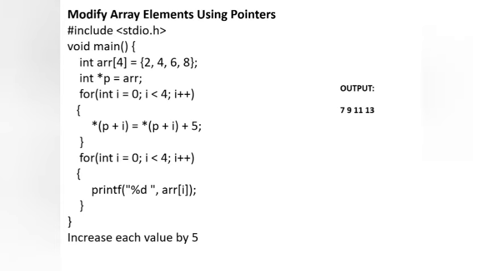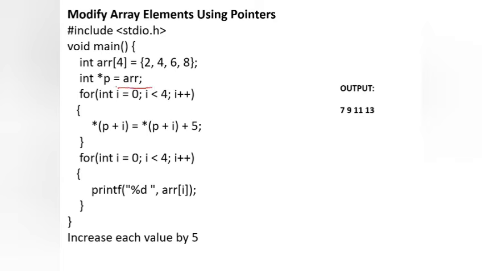So here is an example program on how to modify elements using a pointer. We declared an array. The array has 4 elements 2, 4, 6, 8. Now we have a pointer star p. Note the difference. Here we do not have any ampersand, we have only the array name.